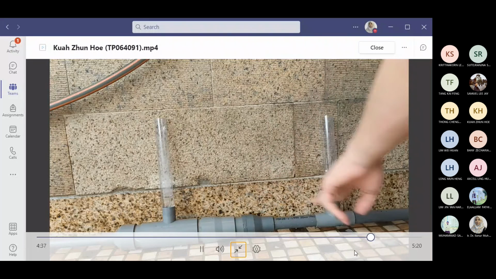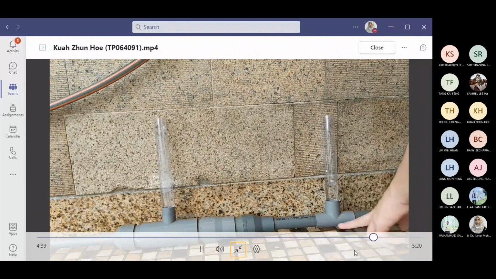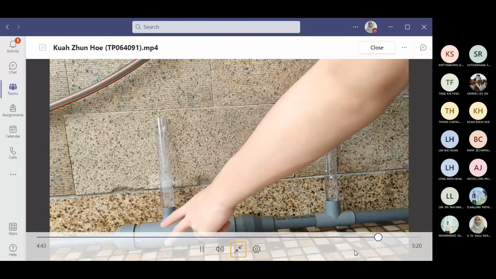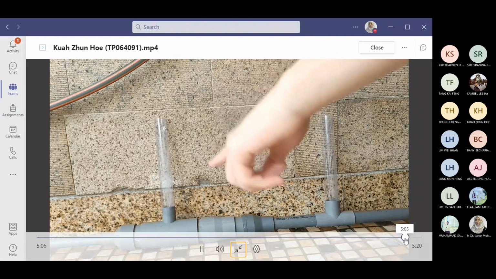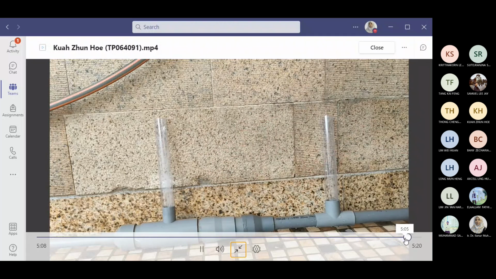So I assume that the water flow through the smaller diameter will be the same as the water flow through the bigger diameter. With the concept of conservation of mass, it's the same as the mass of water flow through B. So that's all for my presentation.